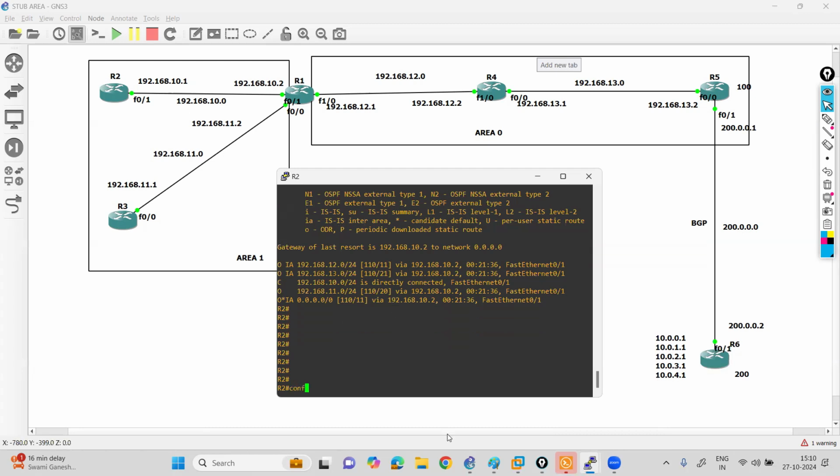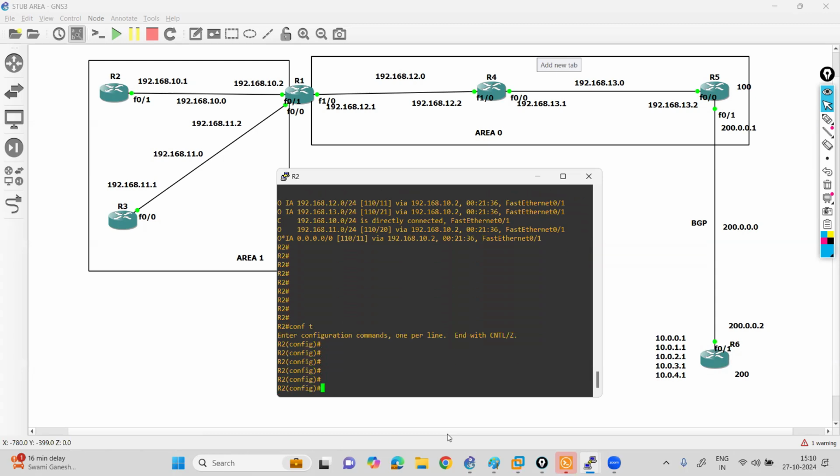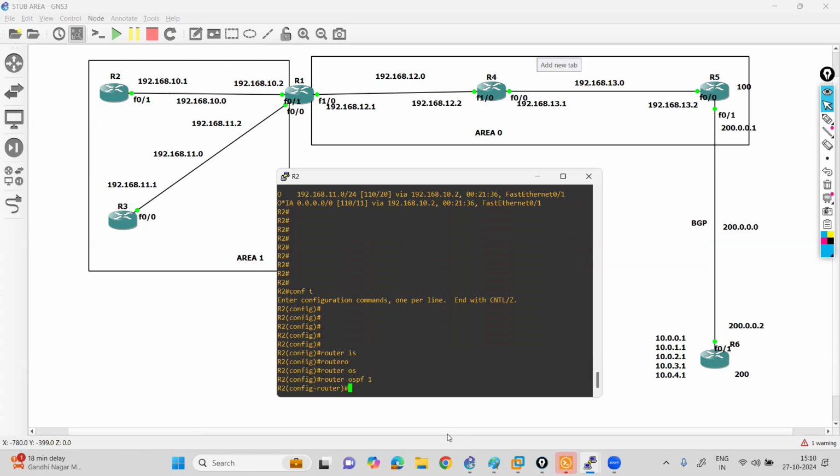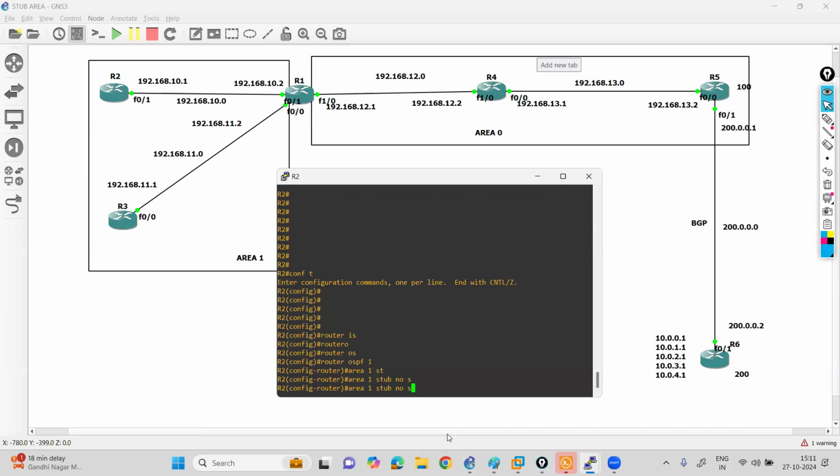Now let's go to router number 2, configure terminal, router OSPF 1, area 1 stub, and then the command is no summary.